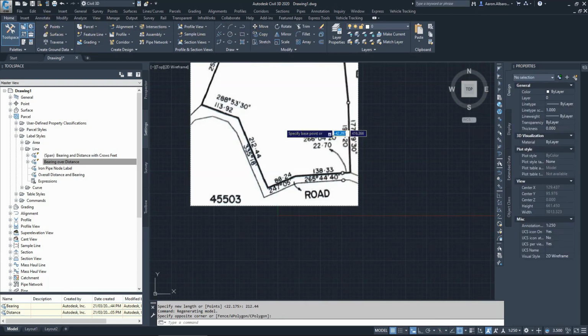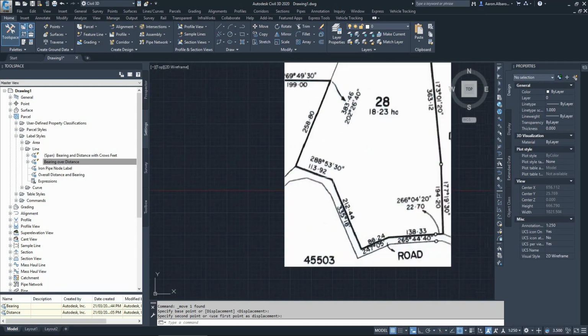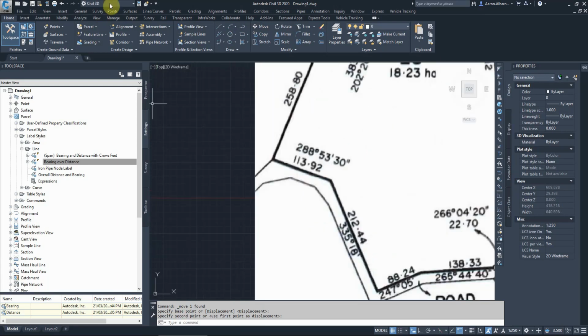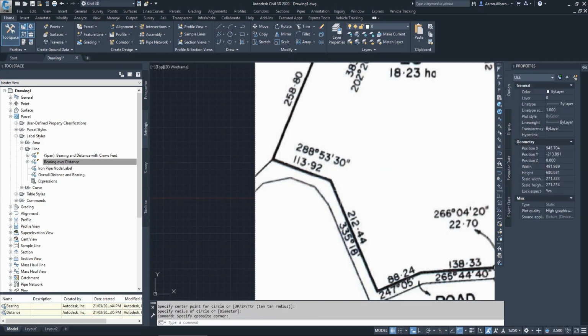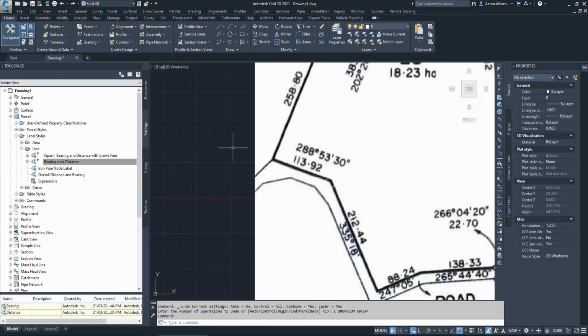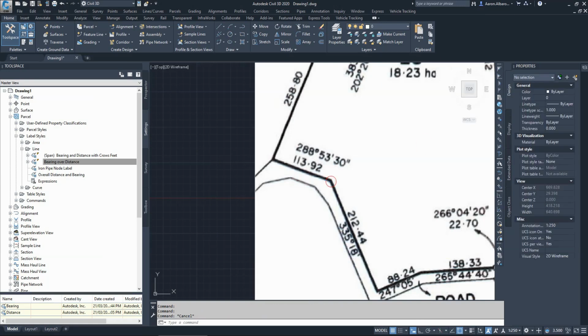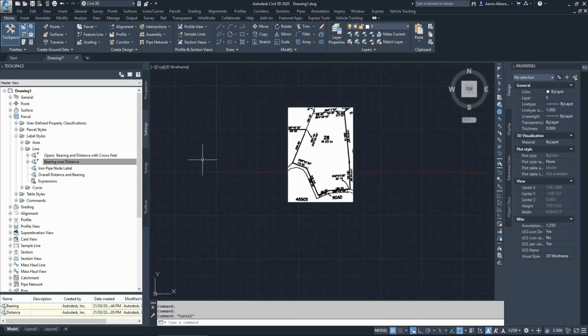Let's move this to the side, and let's say I will start from that point here. Let's call that point our point number 1. Oops, moved it. That is point number 1. Okay, so I'm starting from there.